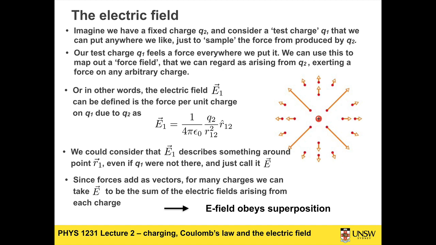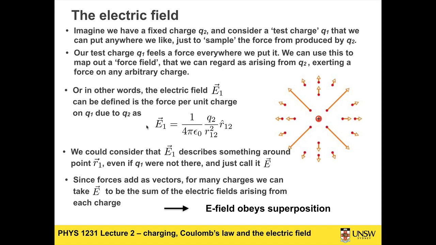So we could use this to map out a so-called force field that we regard as arising from Q2, and it exerts force on an arbitrary charge. So in other words, the electric field, which we'll write as capital E vector sub 1, can be determined as the force per unit charge on Q1 due to Q2, and we write it this way, such that the force is Q1 times that field.